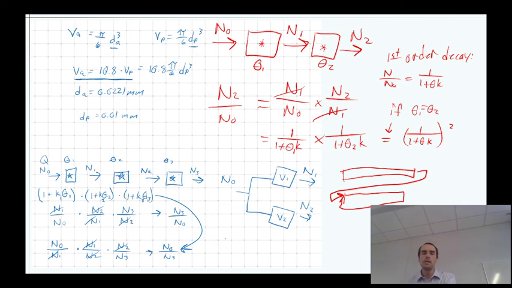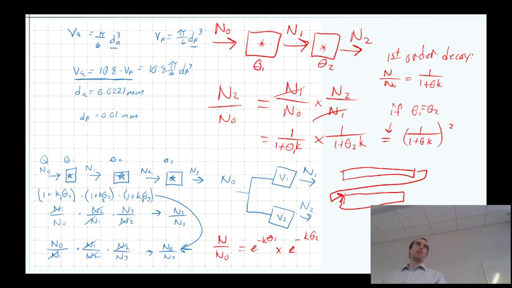Because in that case, it would be n over n naught is equal to e to the minus k t, but really we put theta there. So then if we have that times another, let's say e to the minus k theta 1 times e to the minus k theta 2, it turns out that the math of the logarithms is we just add those thetas together, essentially.